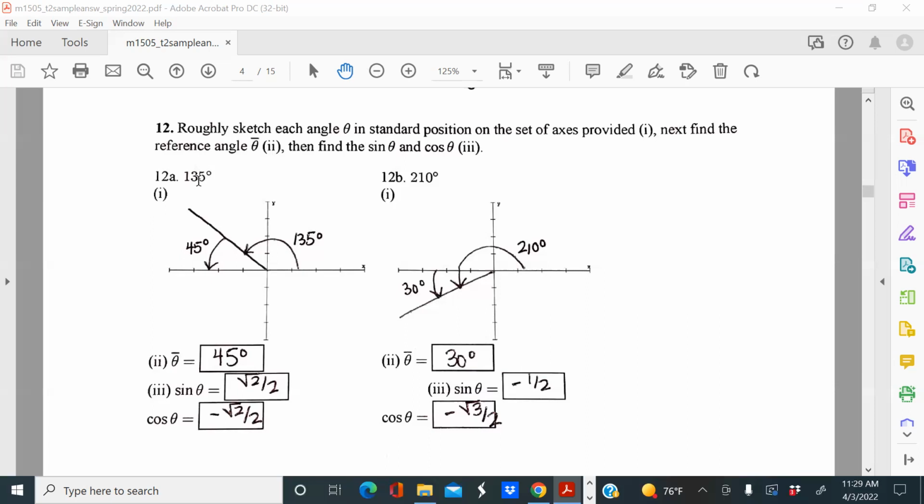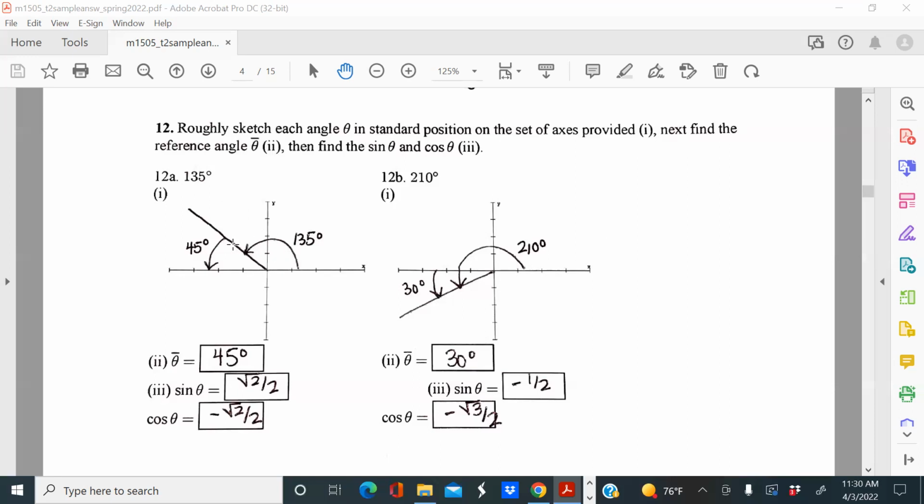All right, so here's what is suggested that you do, and here's what I want you to demonstrate for me on the test, or in this practice problem. First, let's draw a picture of 135 degrees. It's pretty easy to draw. That is a little bit bigger than 90 degrees, in fact, it's 45 degrees past 90 degrees.